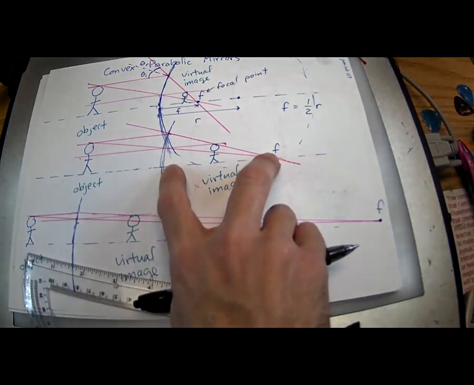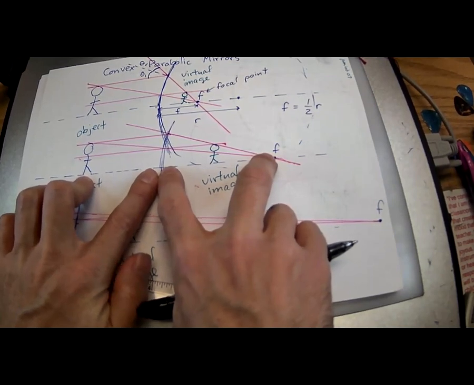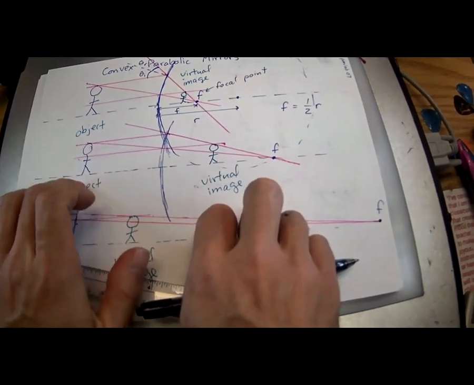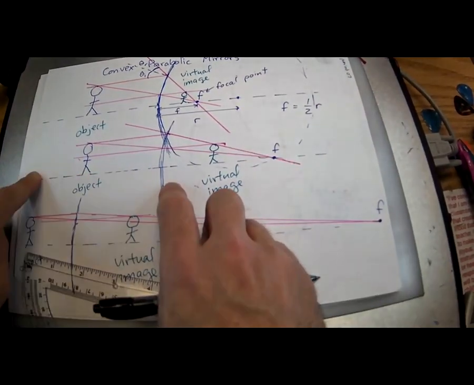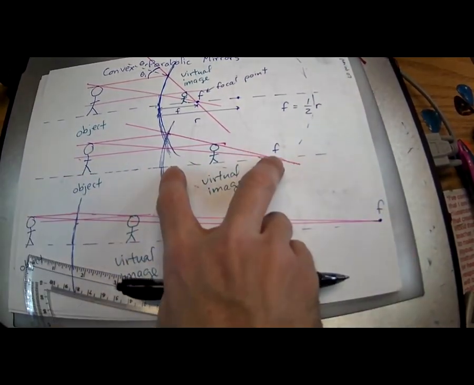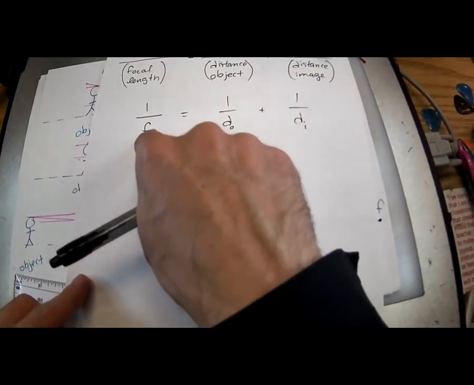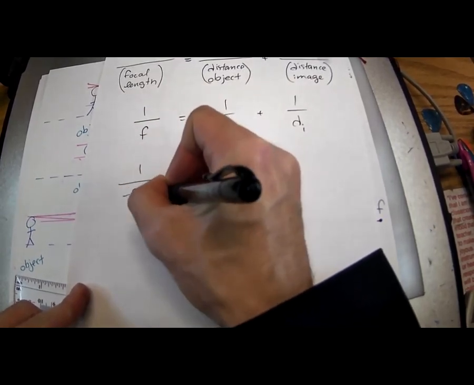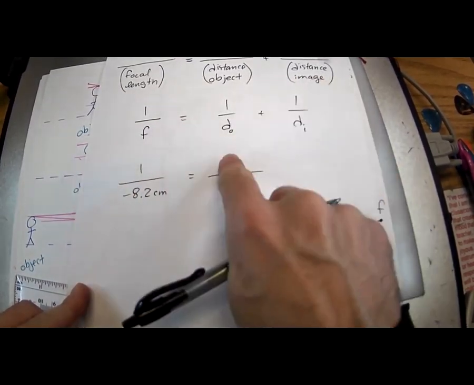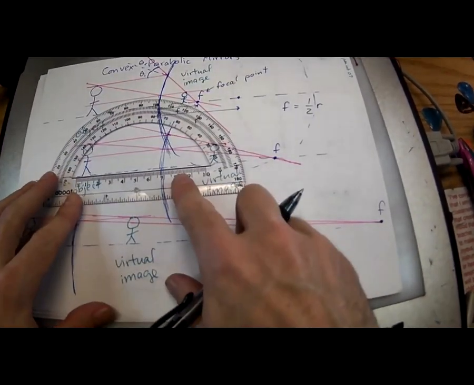The way you'll handle that mathematically is somebody has to be negative and somebody has to be positive. Okay. So I'm going to define the object as being on the positive side. I know it's kind of a reverse number line, so positive to the left, negative to the right. So I'm actually going to call this number negative 8.2 centimeters. So plug in negative 8.2 centimeters for f: 1 over negative 8.2 centimeters equals 1 over the distance of the object.